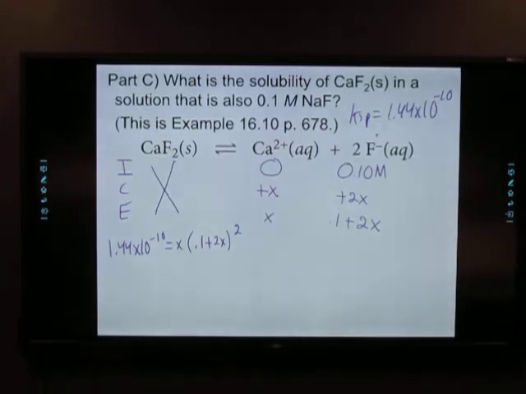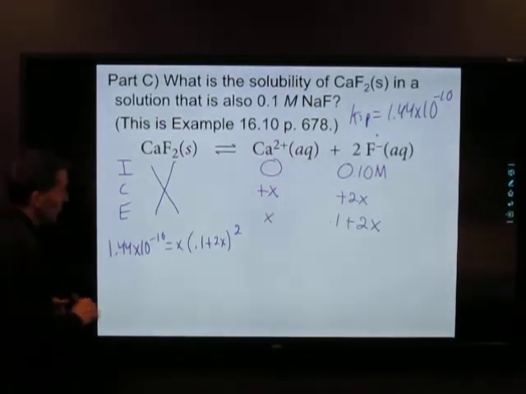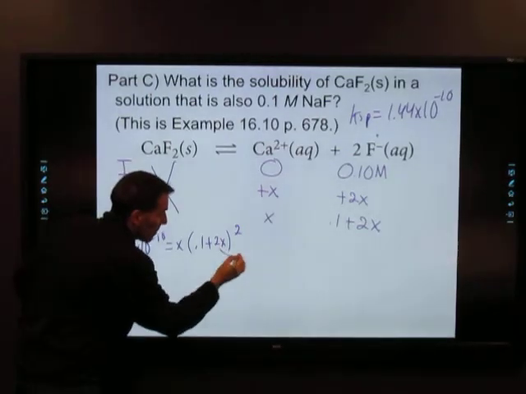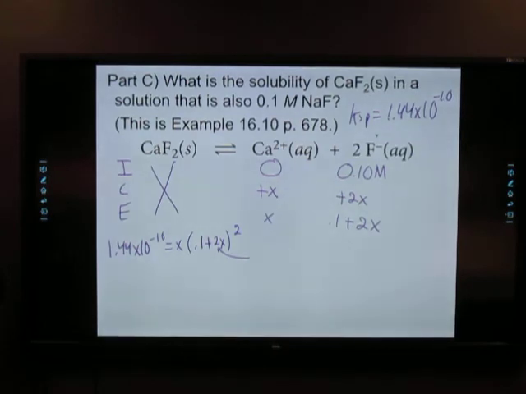Just like we did when we did weak acids back in our previous material, we will be able to make the simplification in this problem where this value is going to be so small we can disregard it.